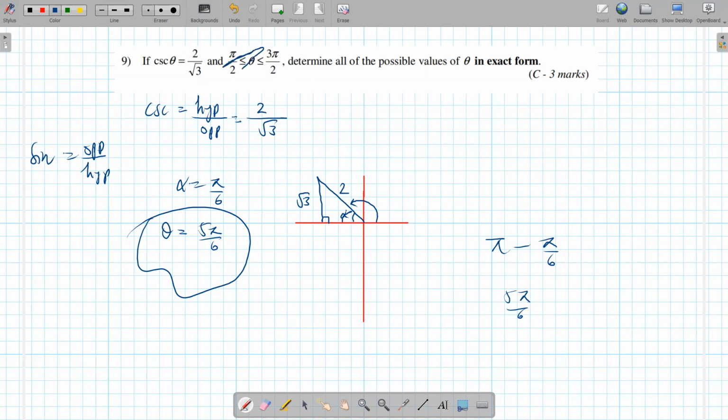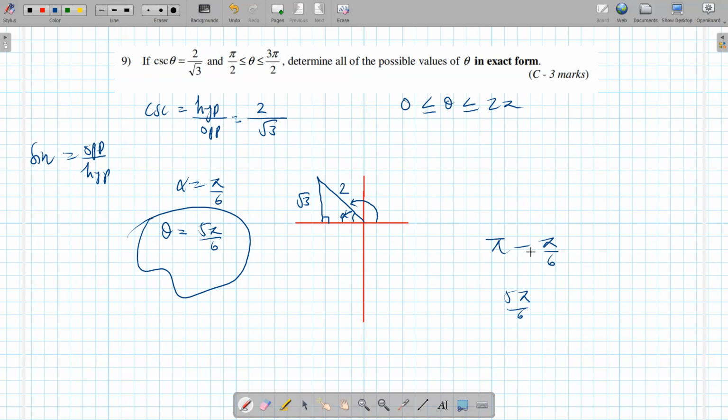What if they didn't give you this restriction? Maybe it said from 0 to 2 pi. Instead of being from 90 to 270, what if it was from 0 to 2 pi? Does the answer change?